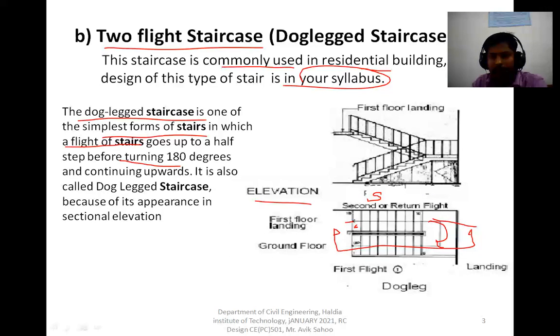By the sectional elevation we understand the details of the staircase: what is the flight length, what is the size of the steps, how many steps are used. So that's why this elevation is very important.